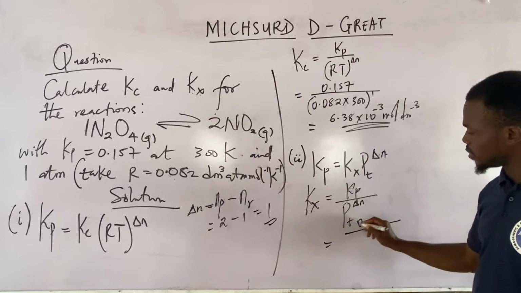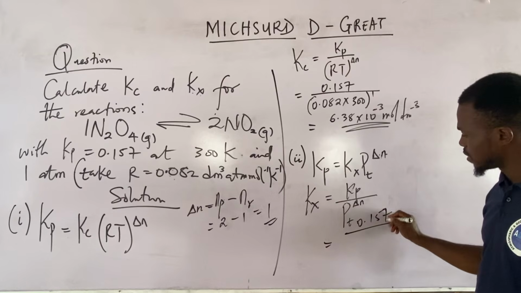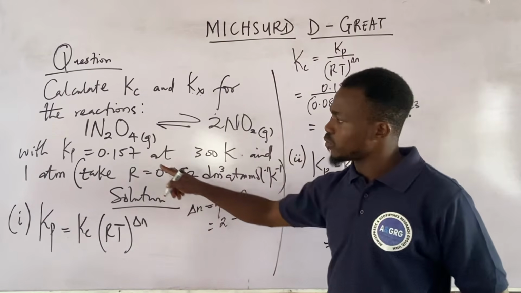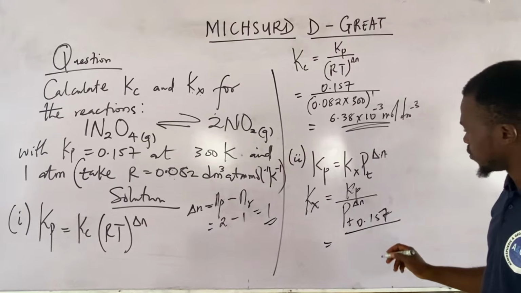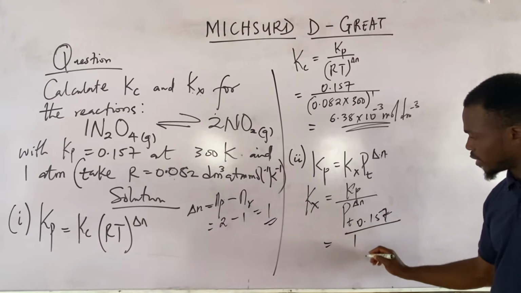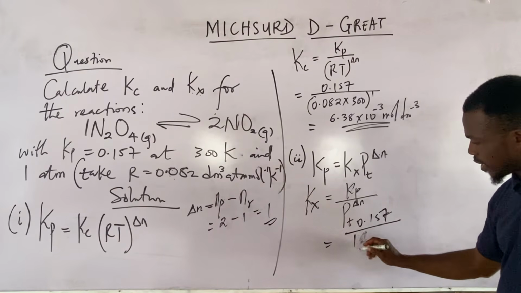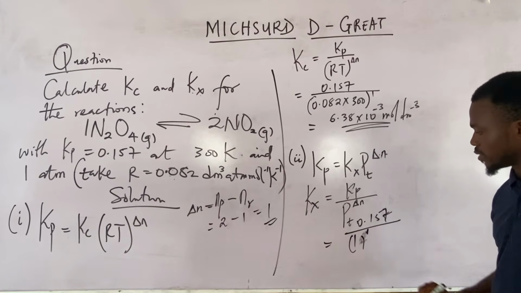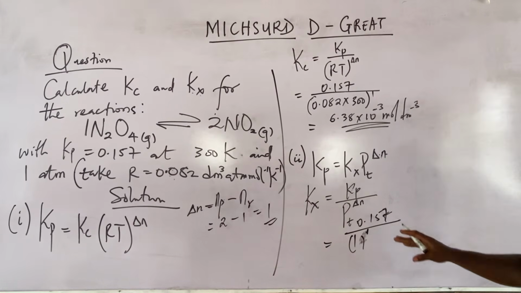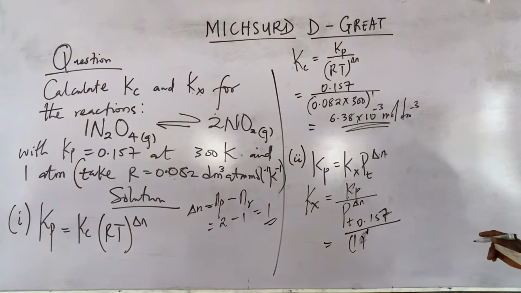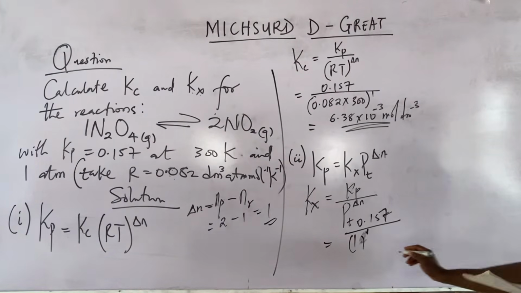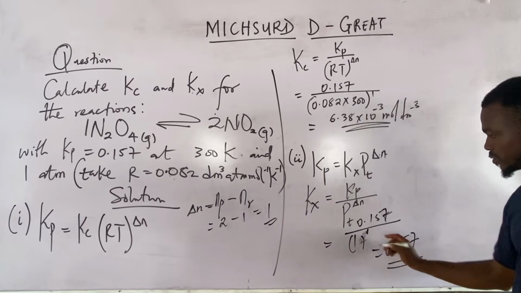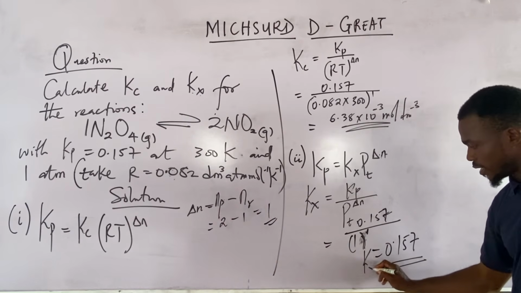Kp is 0.157. Then the total pressure is 1 atm, raised to power change in n, which is 1. So if we substitute this, we can solve, and this will give us 0.157. So that is the Kx value.